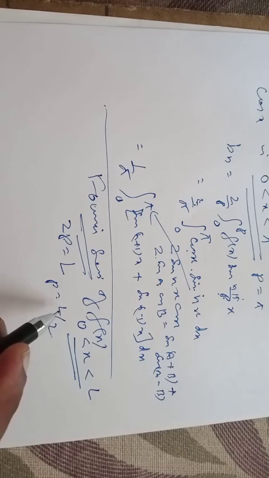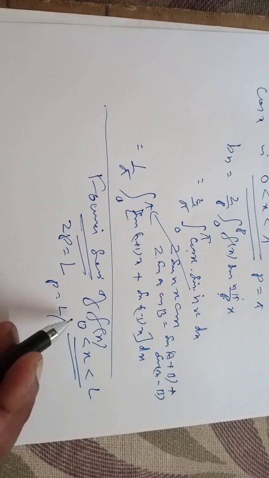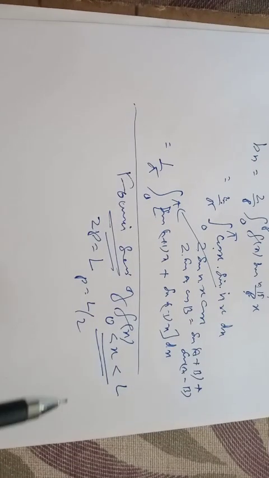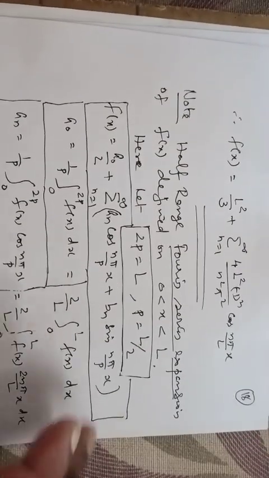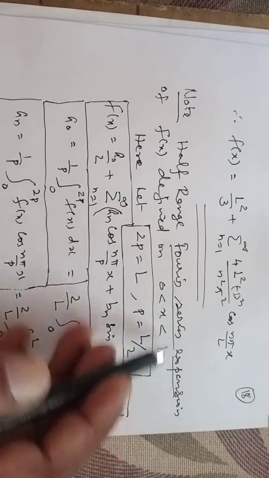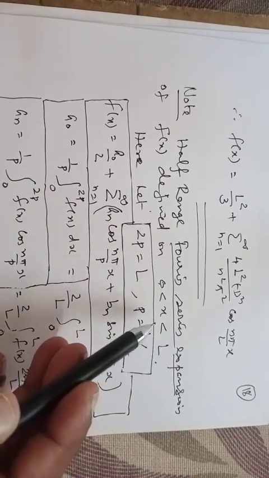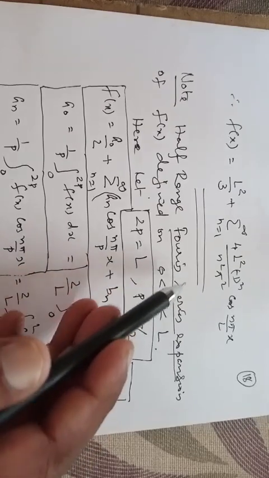Okay, p is equal to L by 2, and the formula in this case is the half range Fourier series expansion of f of x defined on 0 to L. It is different from the half range expansions discussed earlier.